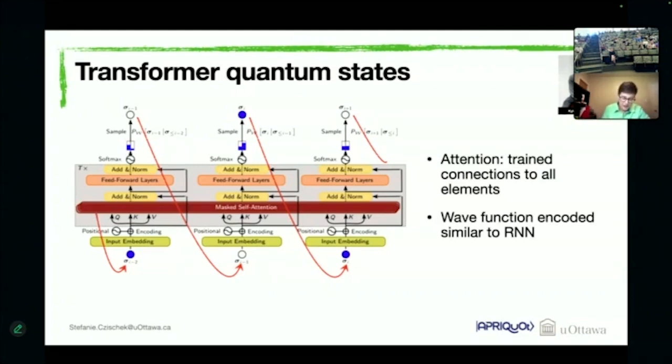So we also have this autoregressive behavior. We define a sequence of atoms. We send in one atom at a time into our transformer model. And as an output, we get a probability distribution of the state of the next qubit or the next atom conditioned on the state of all previous atoms in the sequence. And then we sample the next atom. We use it autoregressively as the input and so on. So this all works very similarly.